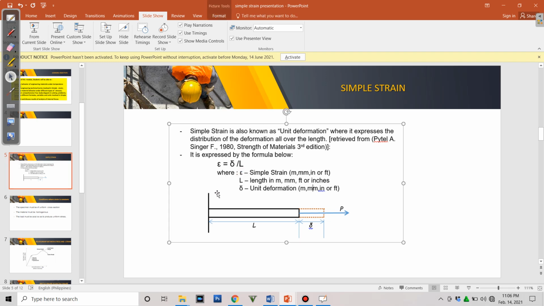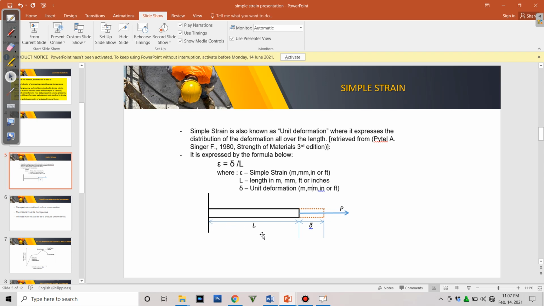Let us correct the unit here: epsilon is unitless, because it is the quotient of delta and the original length, wherein the units cancel out. The length could be in meters, millimeters, feet, or inches, and the delta will be in millimeters, meters, inches, or feet.